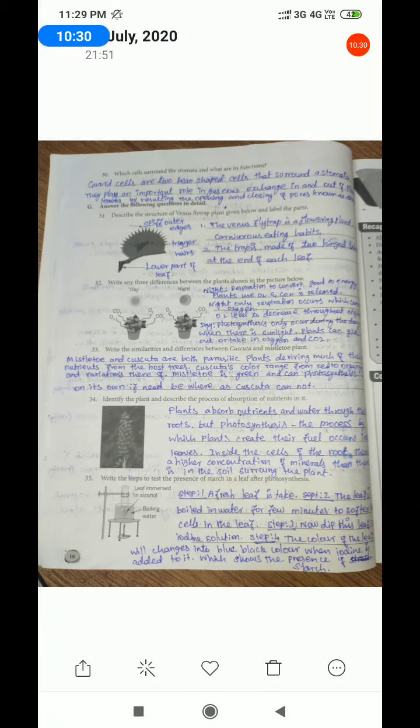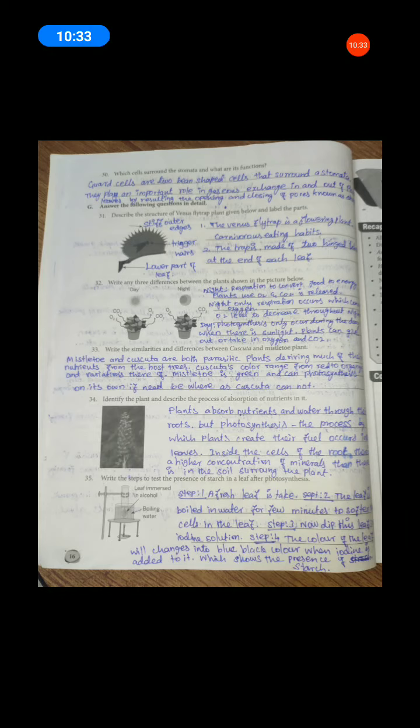Next, step 4, the color of the leaf will change into blue-black color when iodine is added to it, which shows the presence of starch. Okay, can you understand?